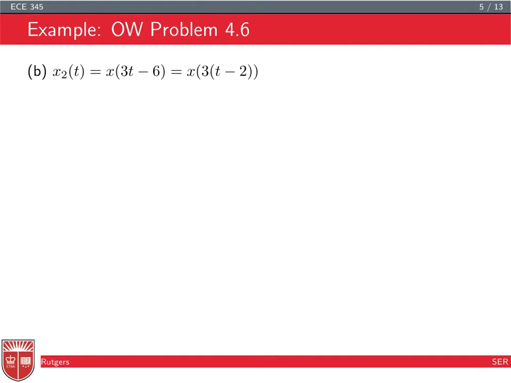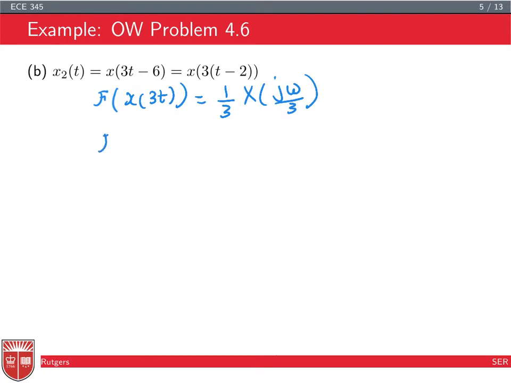If I try to write this down, the CTFT of x of 3t, if you remember from the time scale property, is 1 over 3 times x of j omega over 3. So again, there's a dual effect: if you compress in the time domain, you're expanding in the frequency domain.